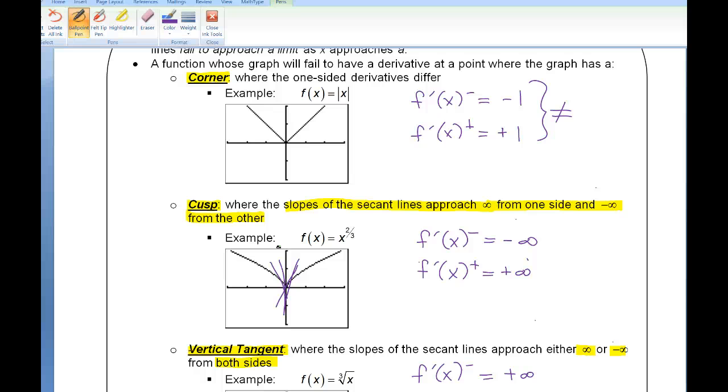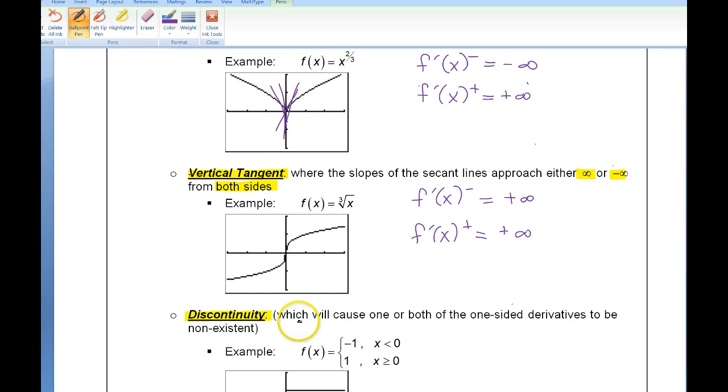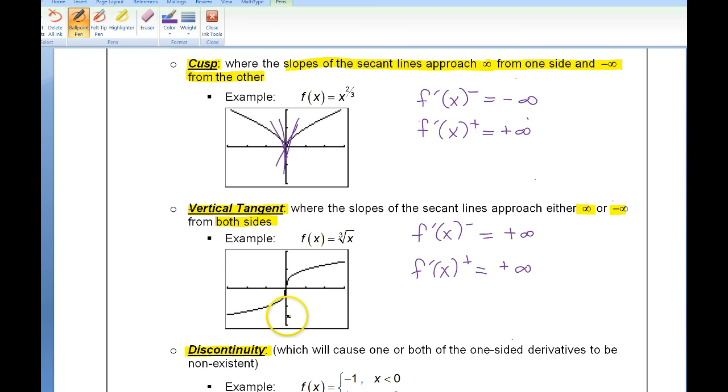Then you get a cusp. So 4/5 would be an example of a cusp also. A vertical tangent is a cube root or fifth root, an odd root. As you approach 0 from the left and right, the slope approaches infinity or negative infinity.